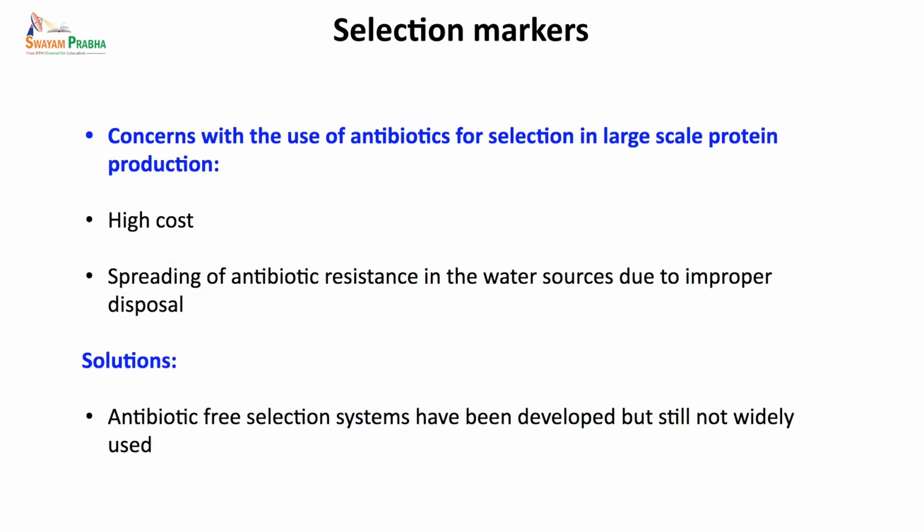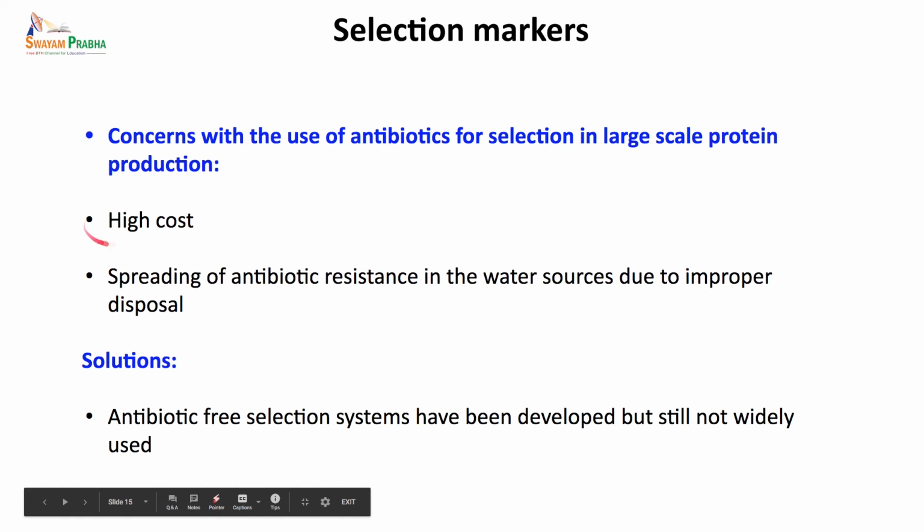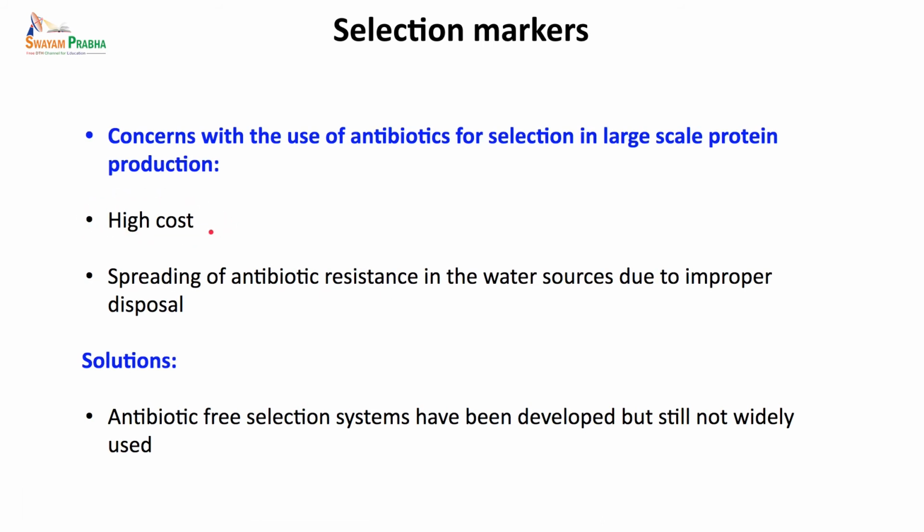But when you use antibiotics as a selection marker for laboratory scale production, you may be growing at the most a 50 ml culture, 100 ml culture, or maybe a few liters of culture. But if very large scale protein production has to be done, then there are certain limitations of these antibiotics. One is that the cost of production goes up extraordinarily high, because the antibiotics will be expensive.